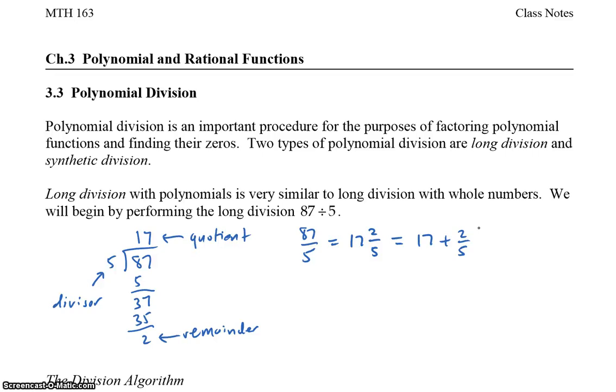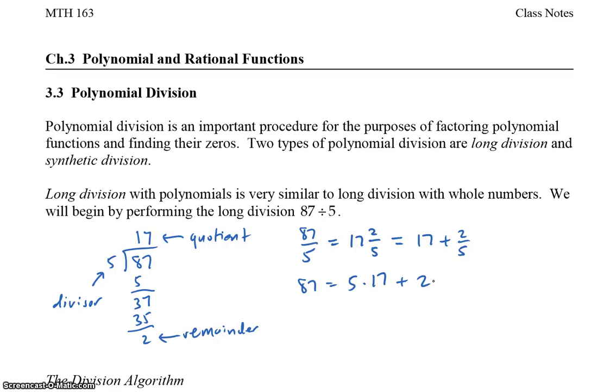The second way we could express our result would be to say that 87 is equal to the divisor, 5, times the quotient, 17, plus the remainder, 2. 5 times 17 plus 2. And of course, this is a way we could write a result as a way of checking that our division has been done correctly.